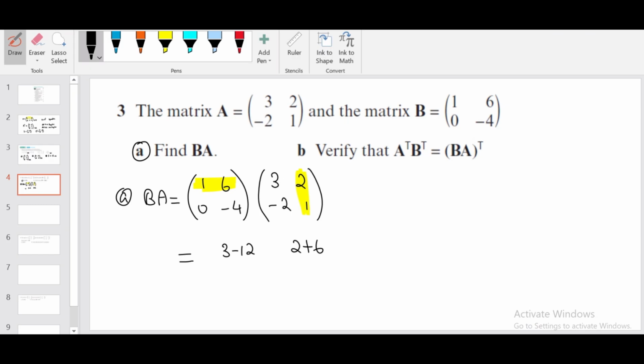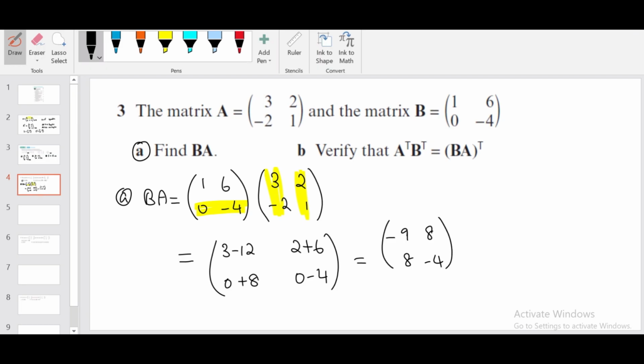You need to do the same thing with the second row now. Second row by first column and then by second column, you will get 0 plus 8, and then 0 minus 4. So you will get minus 9, 8, 8 minus 4, negative 4.